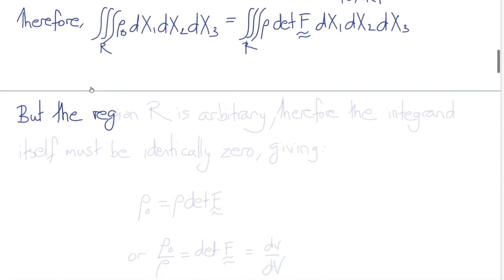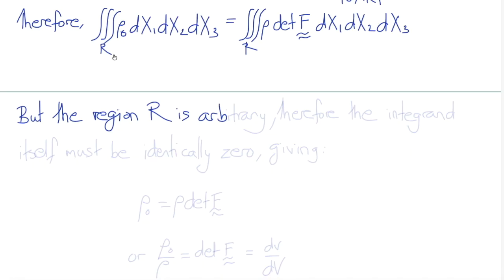But here we observe that the region R is completely arbitrary. We could choose any and every region R, and this must still be valid.